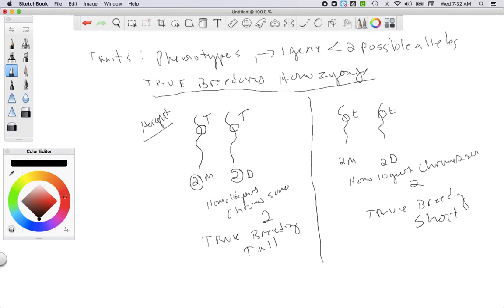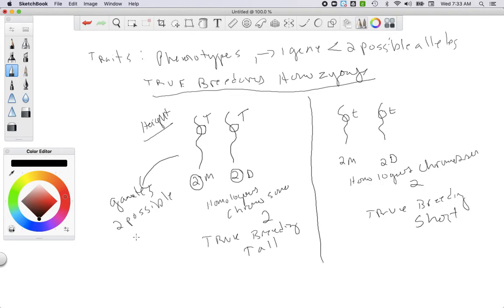Now, in the case of an organism, we have two copies of each chromosome, maternal chromosome, paternal chromosome. When you cross something, you make gametes. And those gametes would have two possible forms.